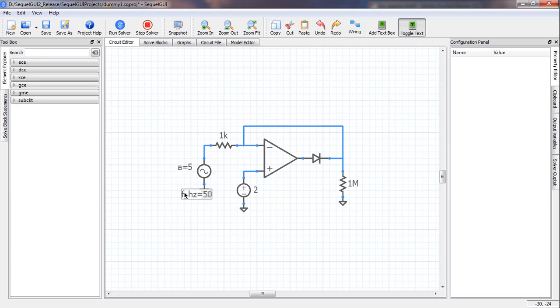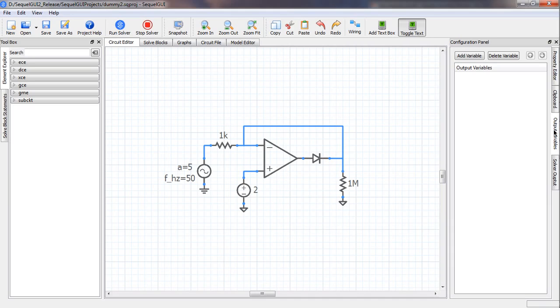So this has an amplitude of 5 and frequency 50 Hertz. Alright. Our next step is to define the output variables. We will define two output variables. One, the input voltage, and the second, the output voltage. We can change these names, V in and V out.